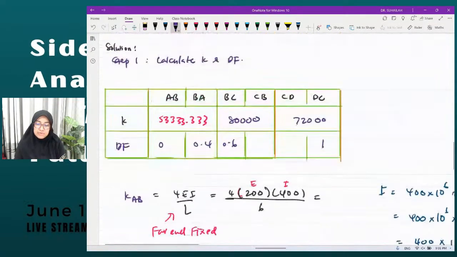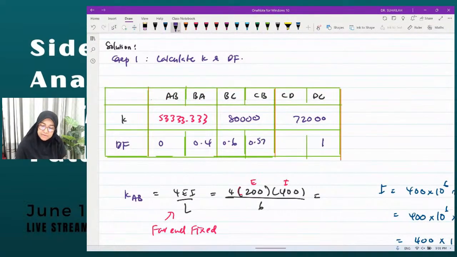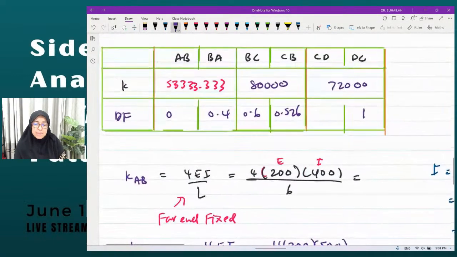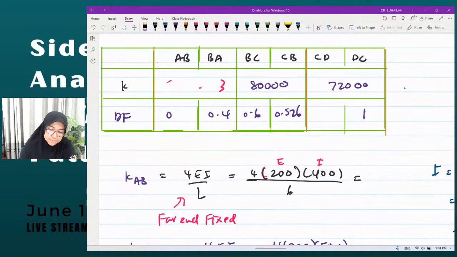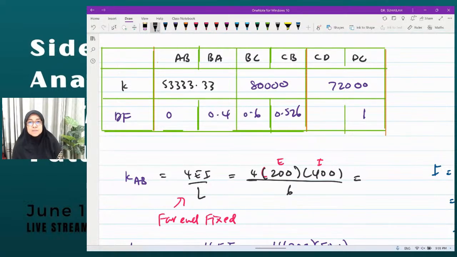Okay, 0.526 here. 1 minus 0.526. Choose up to 3 decimal places, so we choose 0.526.